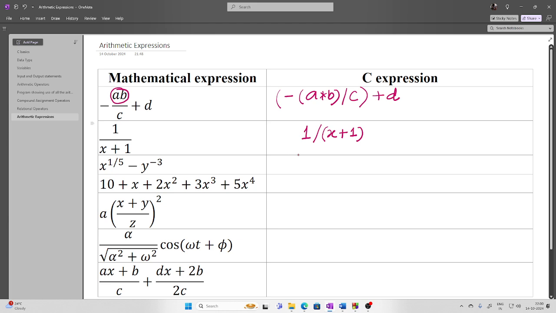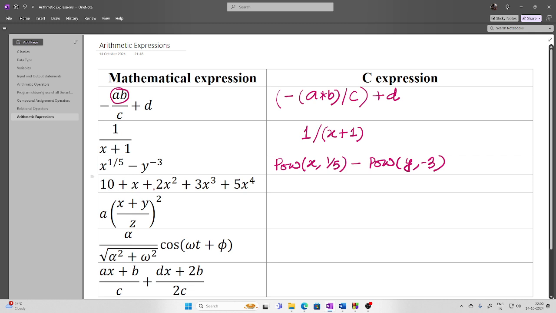Let's take this. Now here comes the rule of the power function. So pow, then x raised to 1 by 5. Likewise minus pow, then y raised to minus 3. That's it.